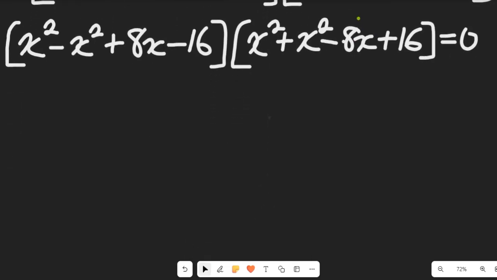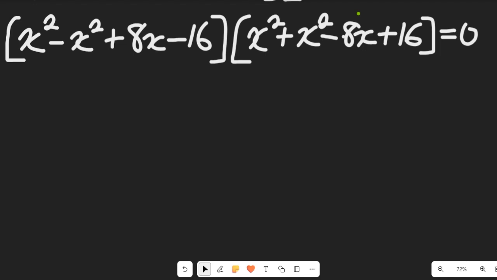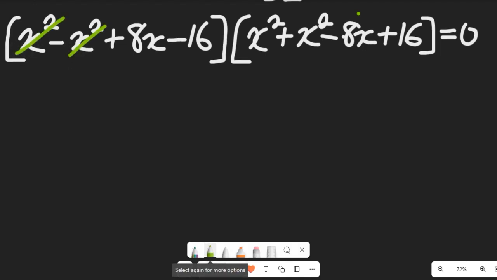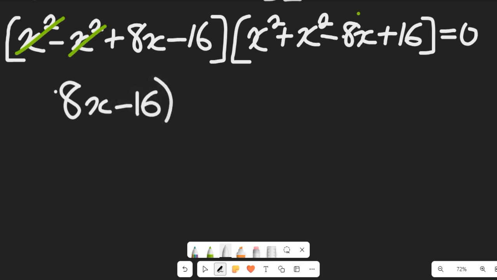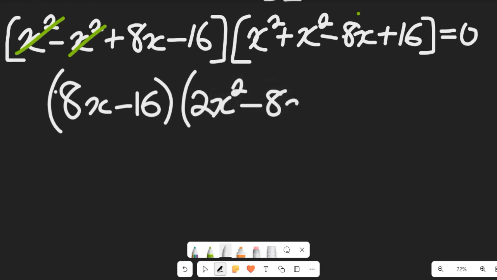Good. Now if we simplify this, you'll see that the x squared terms will clear off, and we'll be left with 8x minus 16, and over here we'll be left with 2x squared minus 8x plus 16, and all this will be equal to 0.